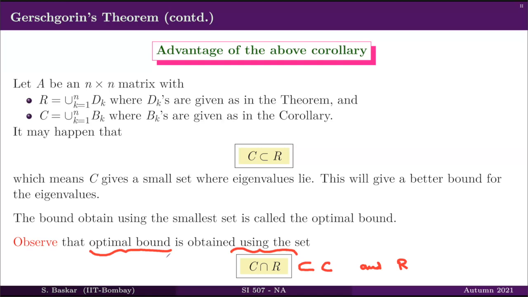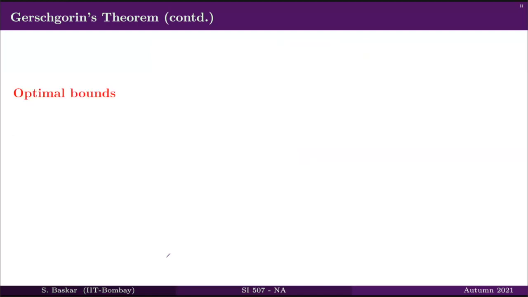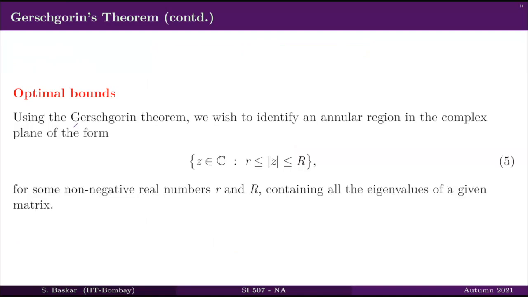Now let us see how to get these optimal bounds. Well, before going into the construction of optimal bounds, let us see how to construct the annular region in the complex plane that contains the eigenvalues of our matrix.